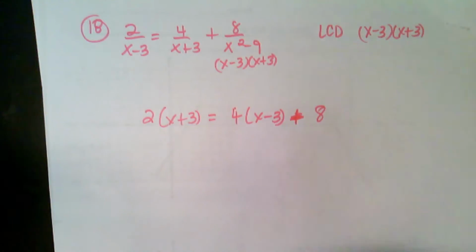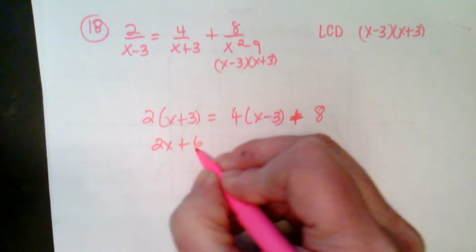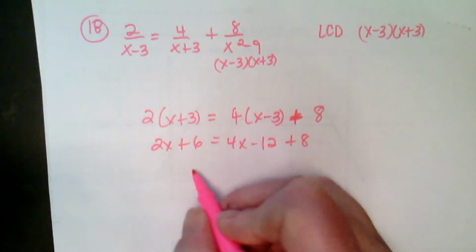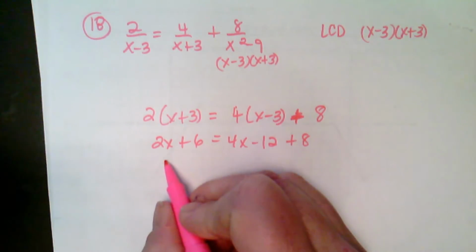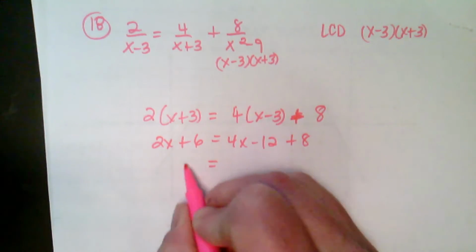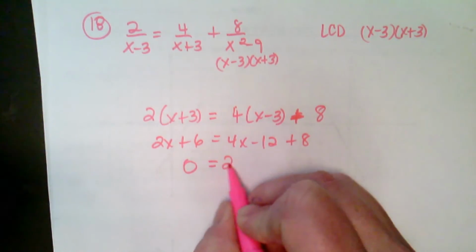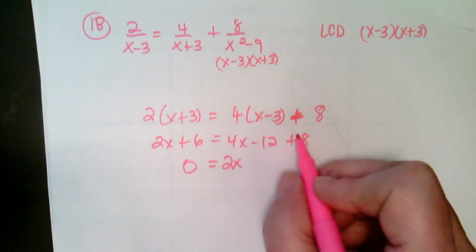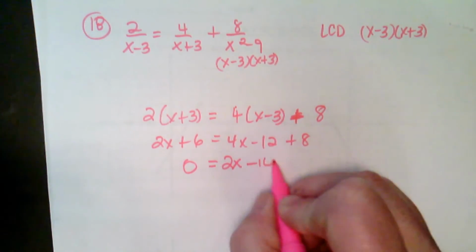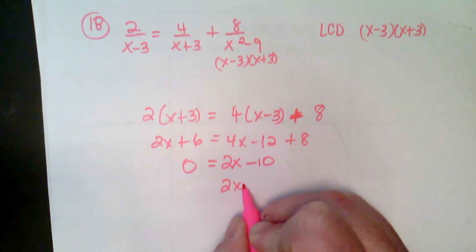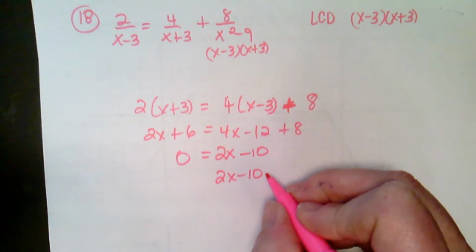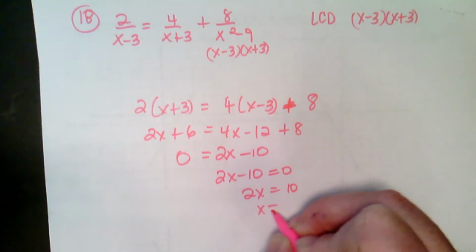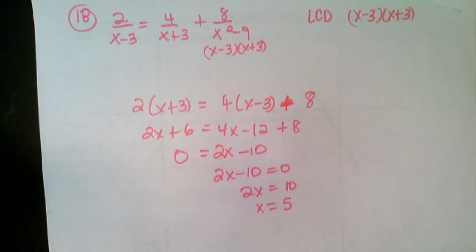So now I don't want us to distribute and combine like terms all on one side. We'll just bring everything over this way. So minus, and this is negative 4, negative 4, and negative 6 is negative 10. And then we're going to set this to 0. So we get x is 5.